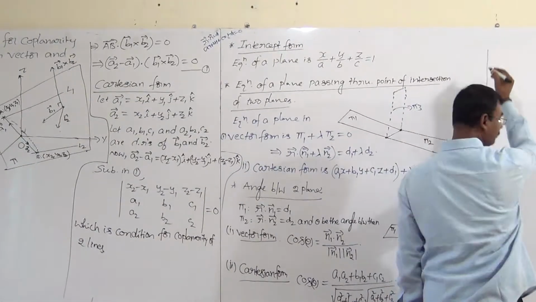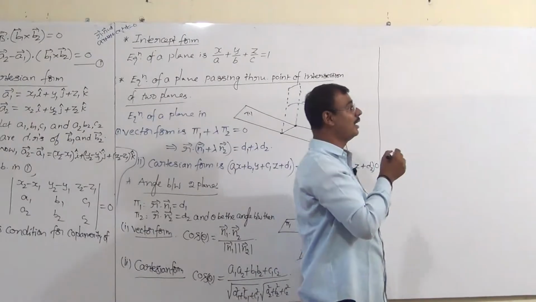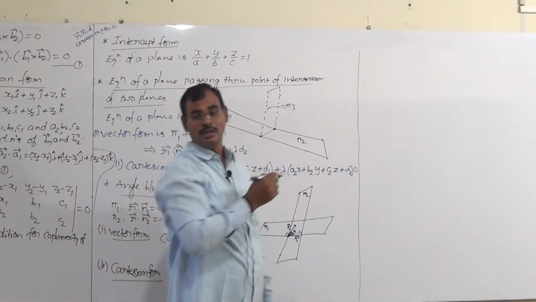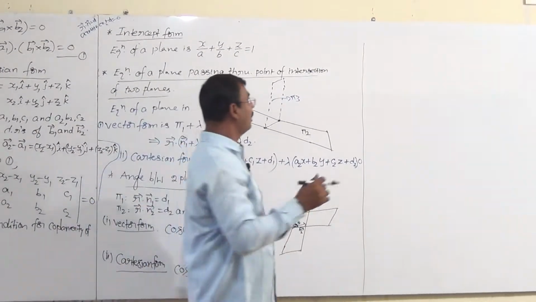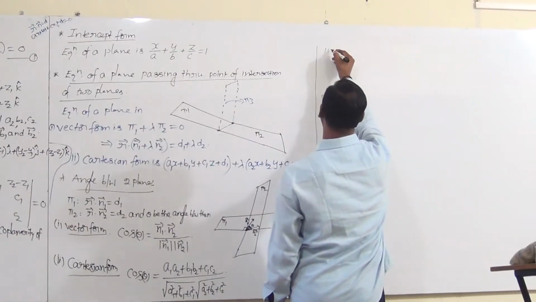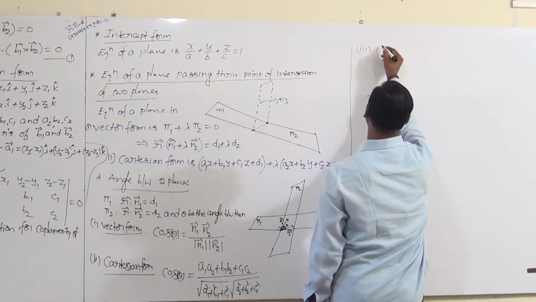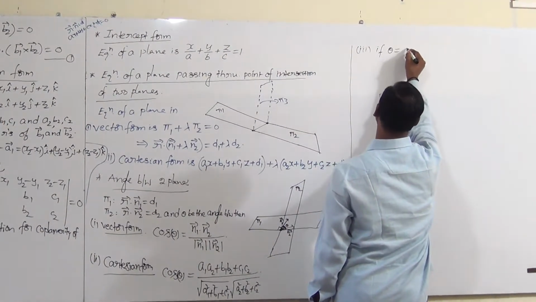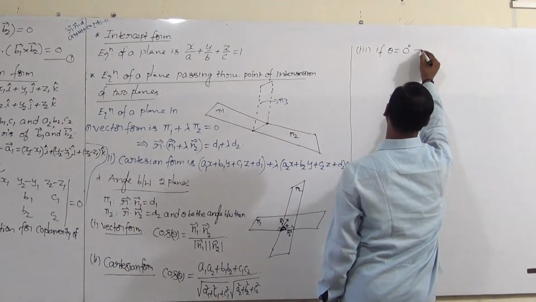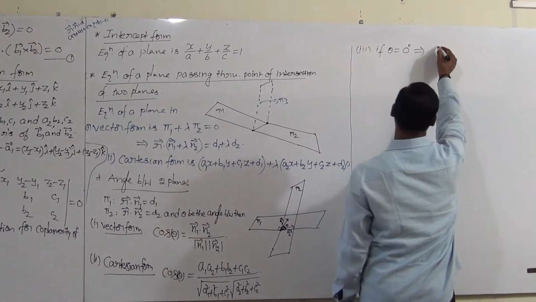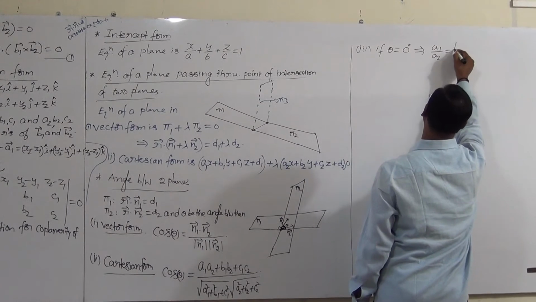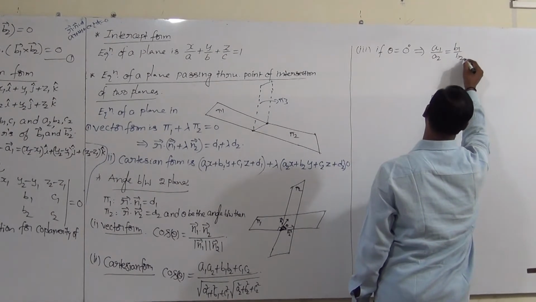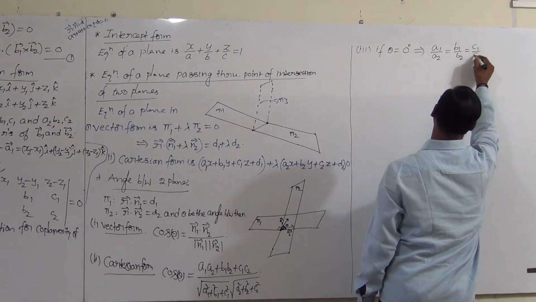Third condition I am taking, that is, if theta is equal to 0 degrees, then the condition is a1 by a2 equals b1 by b2 equals c1 by c2.